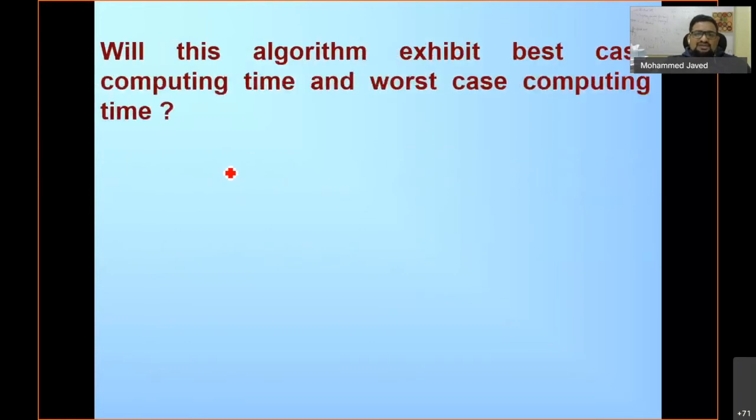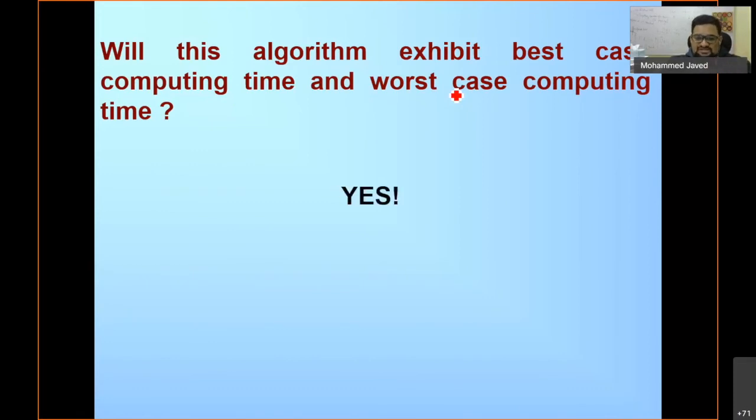Now we will design the algorithm. Will this algorithm exhibit the best case computing time and the worst case computing time?